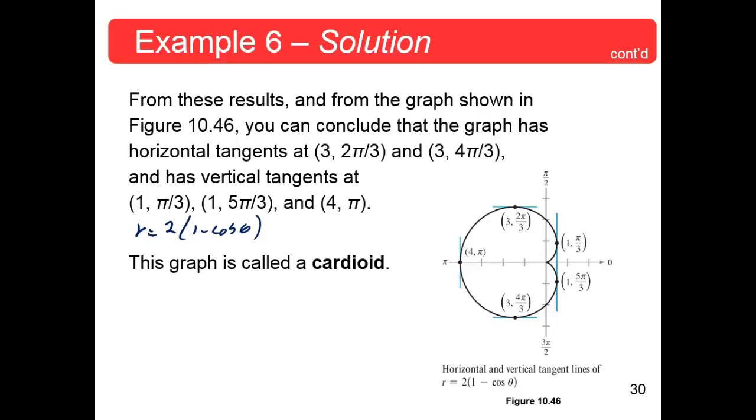Now, notice that theta equals 0. That was one we got, right? At theta equals 0, we're here. Now that almost looks like a horizontal tangent line, doesn't it? And sure enough, we said we should have one there.